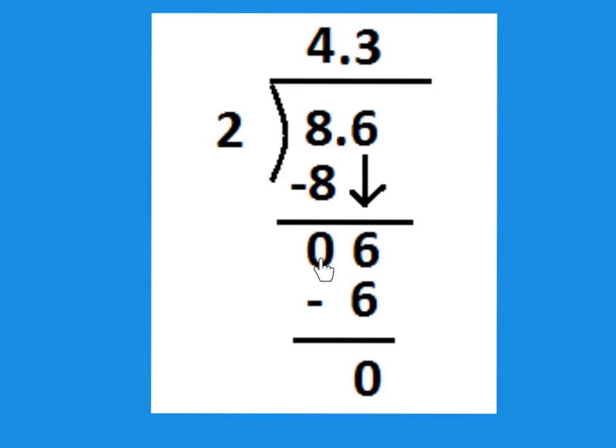Subtract it. 8 minus 8 is 0. Bring down your 6. 2 goes into 6 3 times. 3 times 2 is 6. Subtract it, and no remainder. That's the exact process that we're going to be doing today.